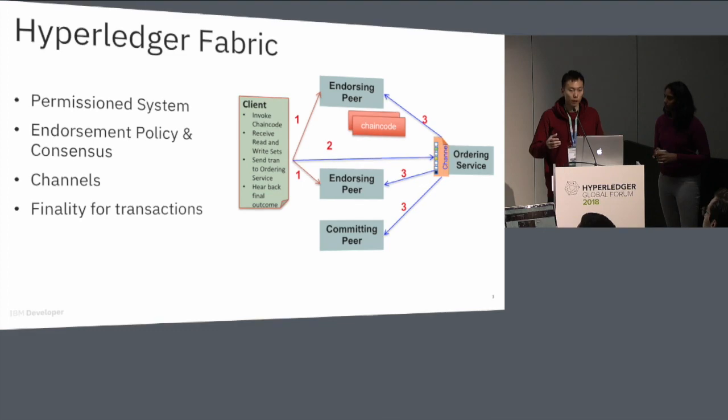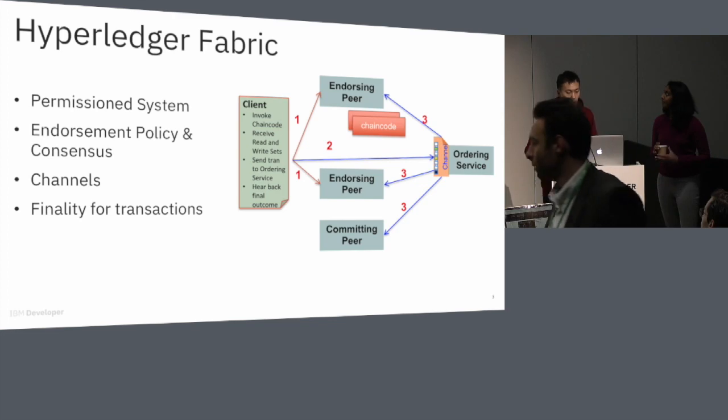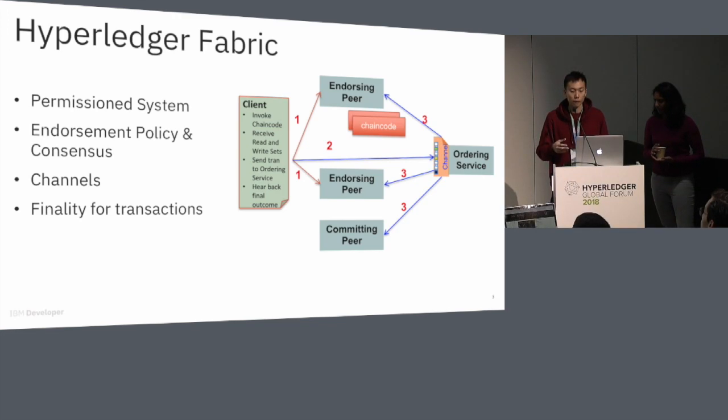You collect all these proposal responses and send them to the ordering service to have the transactions totally ordered. Then the ordering service will distribute these transactions in blocks back to the committing peers, where these transactions, the signed proposals, will be validated and eventually committed to the ledger.